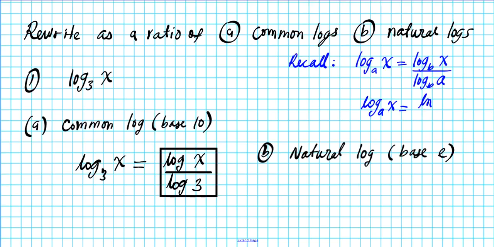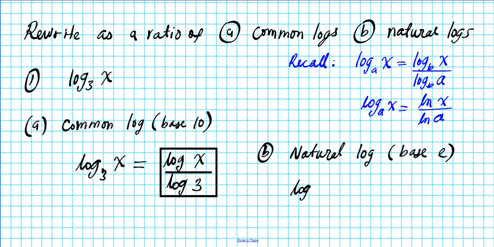you're simply going to write ln. Ln is a short or condensed way of writing log base e. So ln of x, ln of the logarithmic argument divided by ln of the base of the logarithmic expression, which is a. So we're going to apply that formula here in converting or expressing this logarithmic expression as a ratio of natural logs.